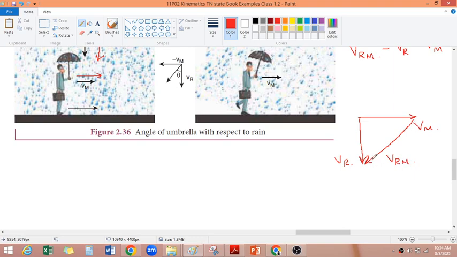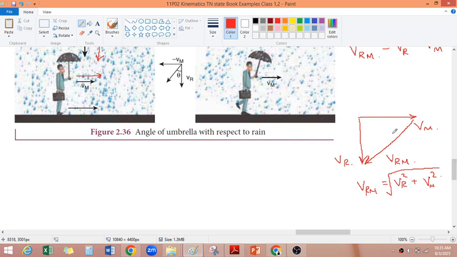Since it is nothing but the Pythagoras theorem, Vrm is the square root of Vr squared plus Vm squared. That's your magnitude.